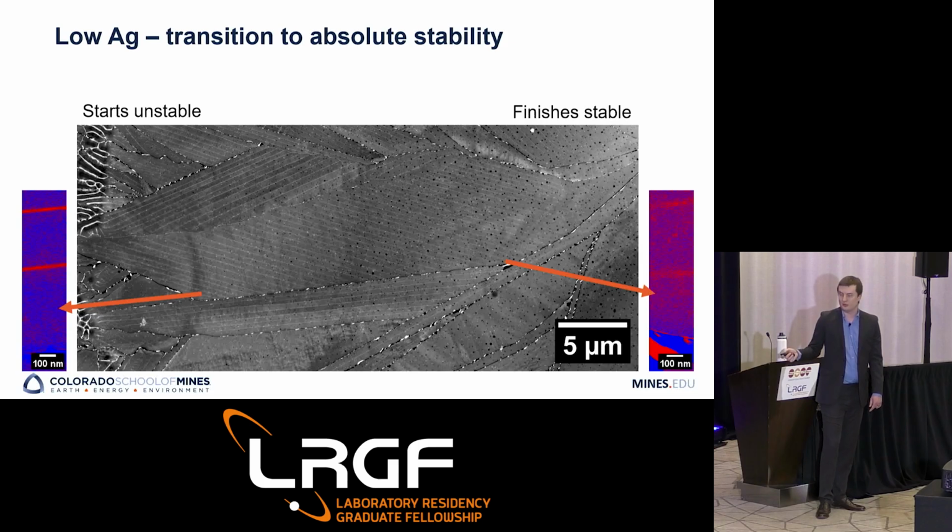And that threshold for where we go to a non-partitioning planar front also varies depending on the orientation of the grains. So you can see this grain has a higher velocity threshold than this grain, which switched over to absolute stability much sooner.